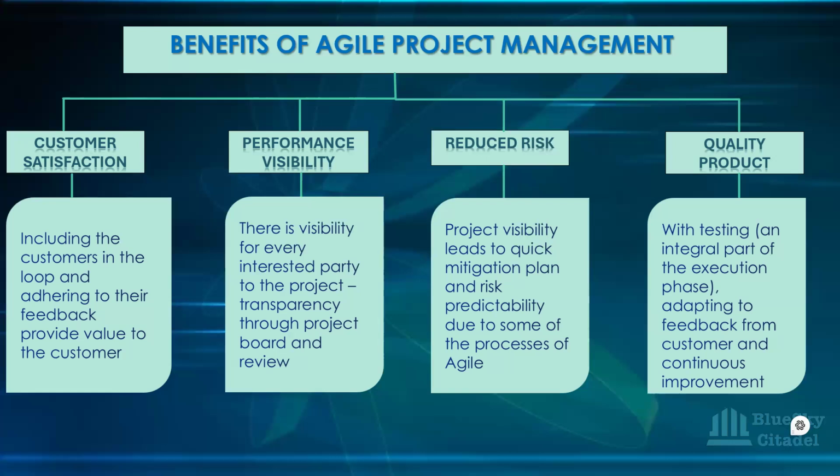Those give visibility and transparency to what you're doing, and that's another benefit of using the Agile approach. And then you have the reduced risk. We talked about it, that you identify some risk, you put a mitigating plan in place because of all the meetings that they frequently and regularly have.